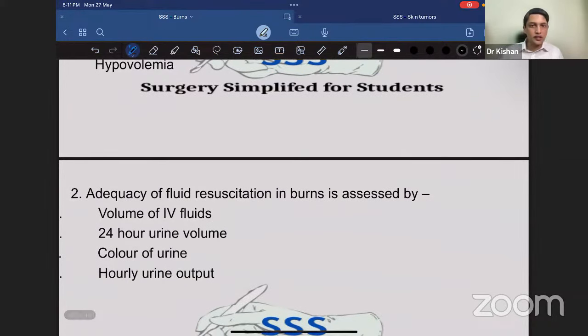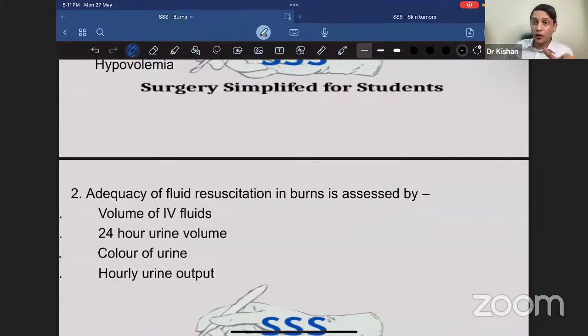Adequacy of fluid resuscitation in burns is assessed by... These are mainly questions for your final year exams. All the 4 options have urine. If you know only half the answer, it's difficult because all 4 options have urine.